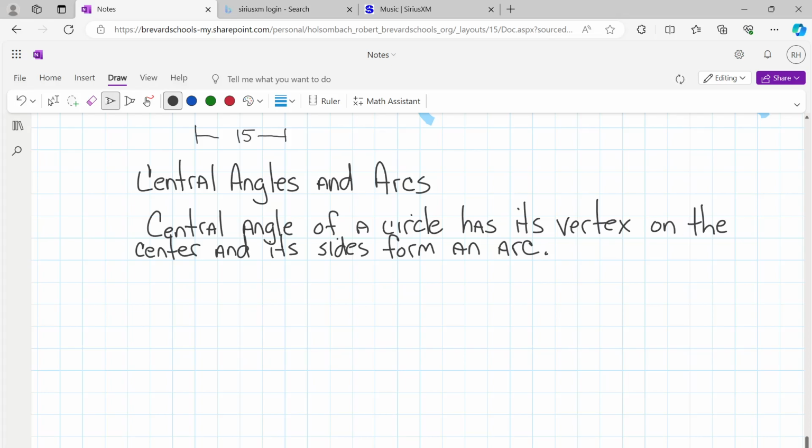So, a central angle of a circle has its vertex on the center and its sides form an arc.